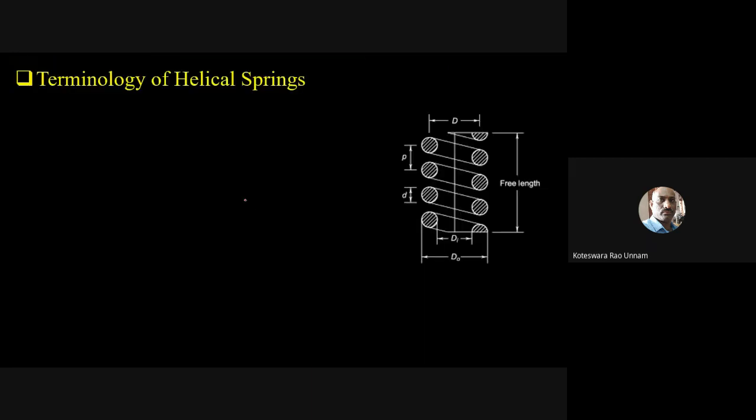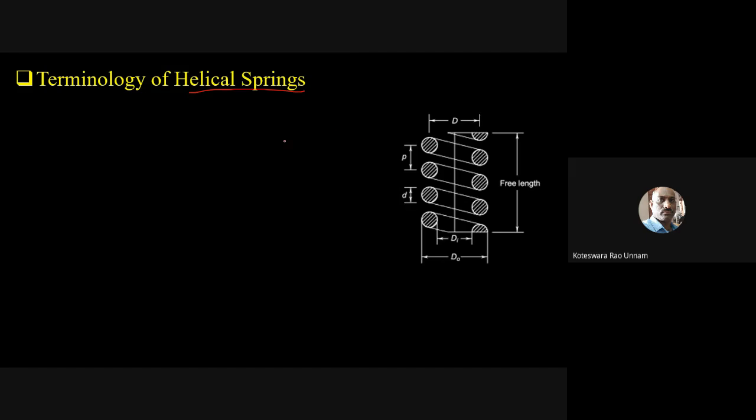Then we'll come to the terminology of helical springs. Even though we are discussing largely helical compression springs, this terminology is applicable for tension springs also. Most of our discussions will talk about helical compression springs, but these are applicable for tension springs also.